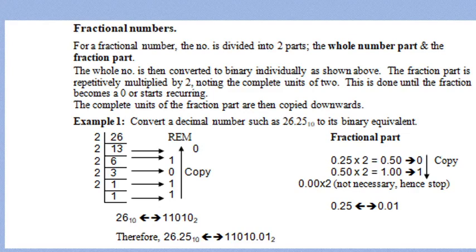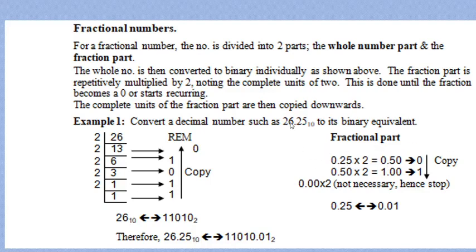Therefore, let's look at that. If you are given an example like convert a decimal number such as 26.25, you subdivide the number into 2 like I have done. Therefore, this is 26 on its own, then the fractional part 0.25 on its own.